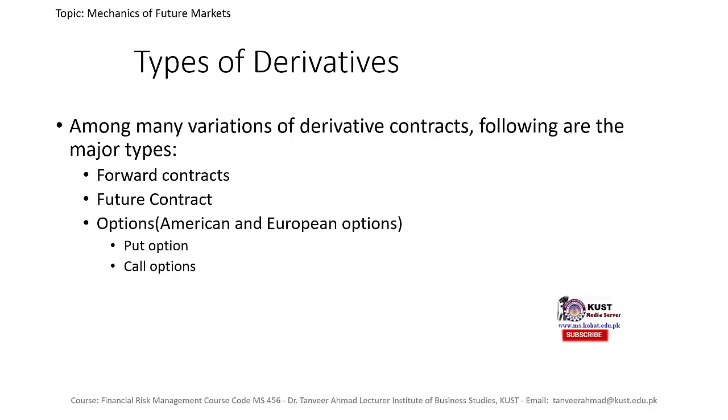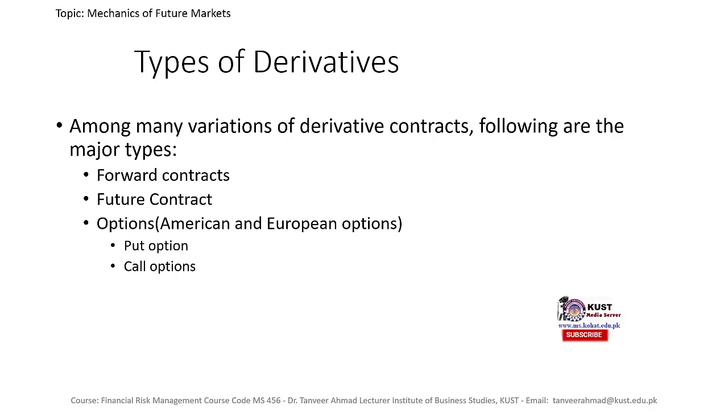So contract or agreement, they are the same in this lecture. They are used synonymously. We have forward contract, we have future contract, and then we have options. Options are further divided into subtypes, say put option and call option, and then we have American option and European option. And that is the matter that we would discuss in future slides.